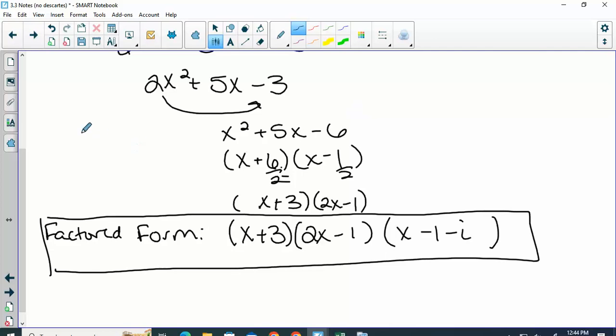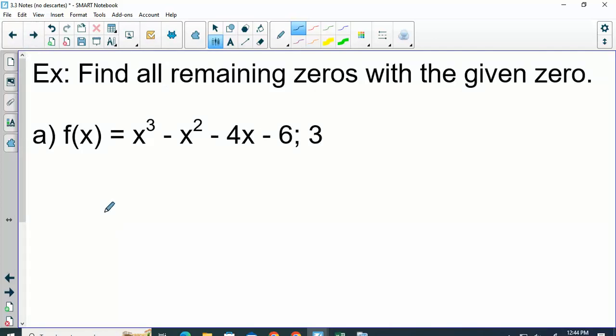I'm going to do one with you and then I'm going to have you guys try one on your own. So, I gave you the first 0. What do we do? 1, negative 1, negative 4, negative 6.